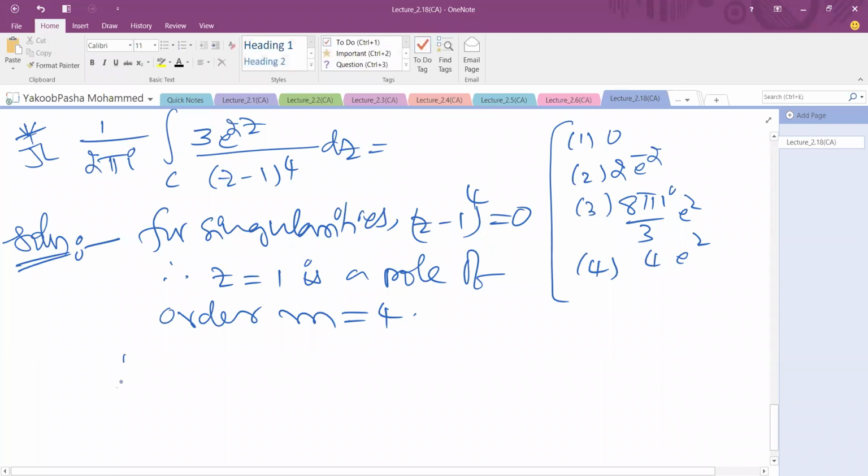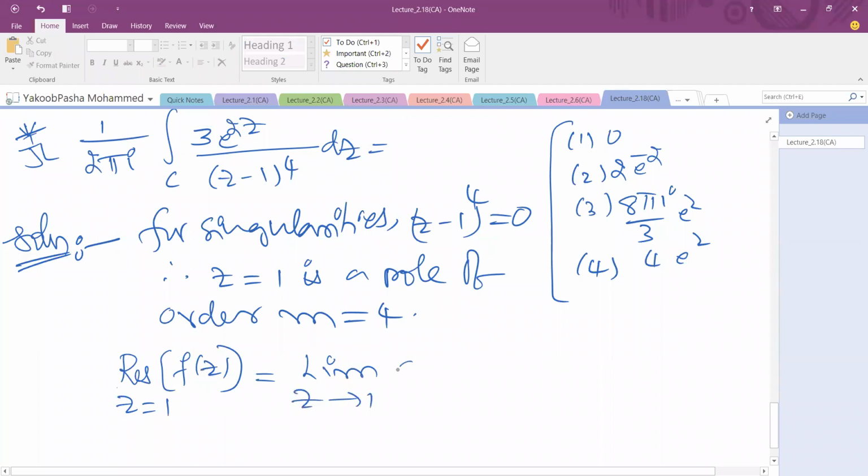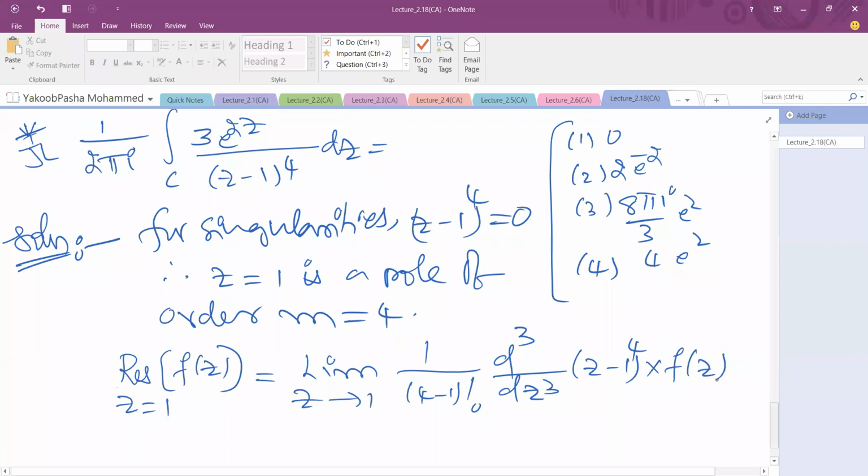The residue of the function f of z at z is equal to 1 is the limit z tends to 1 of 1 by 4 minus 1 factorial, d to the power of m minus 1, that is d cube by dz cube, of z minus 1 whole to the power of 4 into the function f of z.